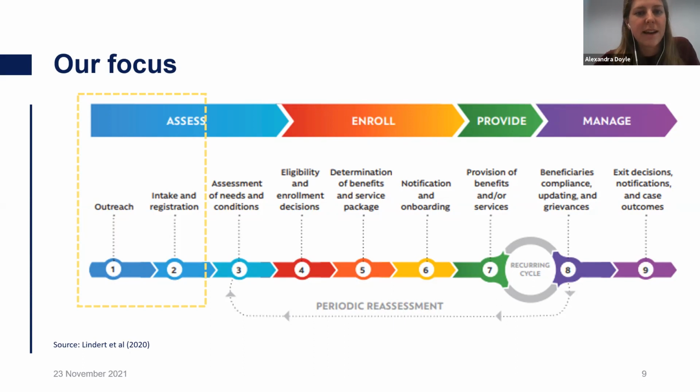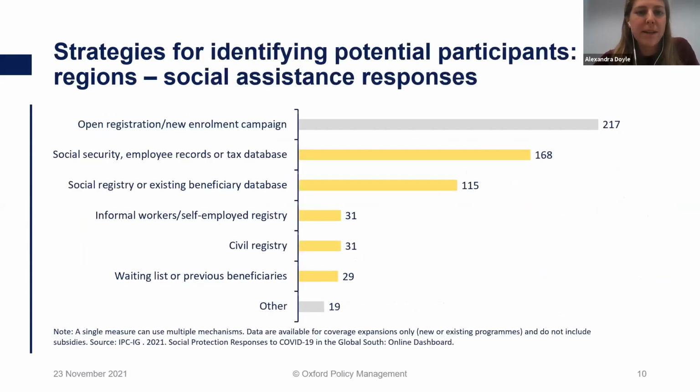So on the next slide, this graph draws on data from the IPC-IG dashboard. And what you can see here is the different strategies that were used for identifying potential participants in these programs. And highlighted in the yellow bars are different strategies that relate to the use of existing data. So for countries, the quickest option for extending coverage was using existing information systems and existing databases. And this really played a crucial role in the response.